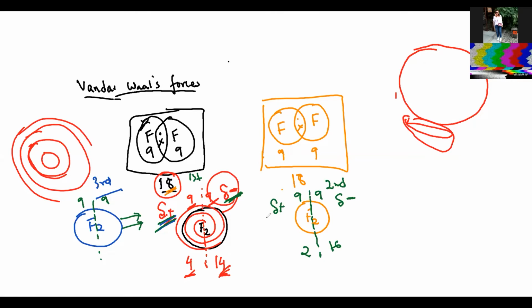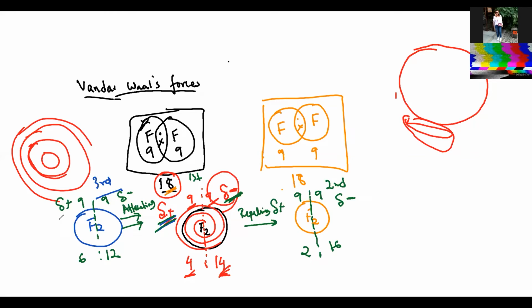Here it's repelling, here it's repelling, here it is attracting. So as a result কি হবে? As a result, now they have more electrons on one side compared to the other. So this becomes again partially negative, this becomes partially positive.